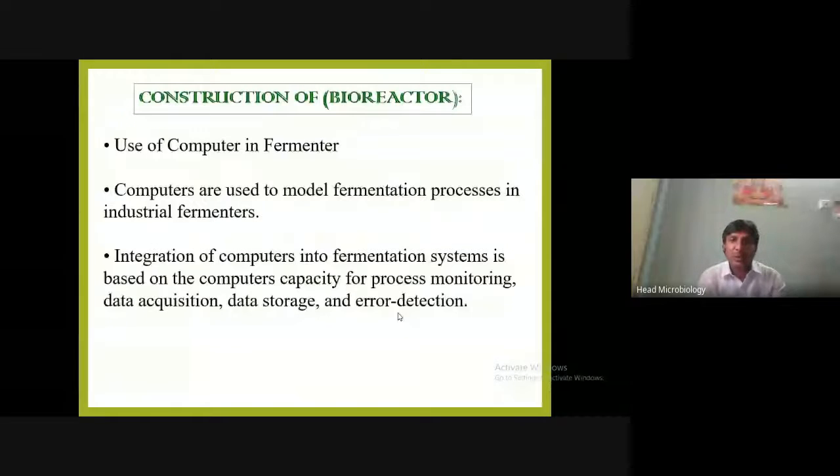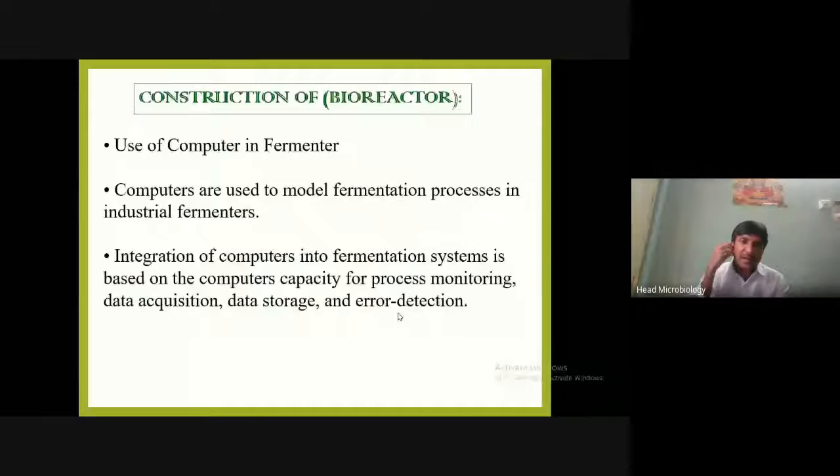If you want to do it, we should connect computers or computer devices with the fermenter. These computers are used to model the fermentation process in industrial fermentation. I already told this point.